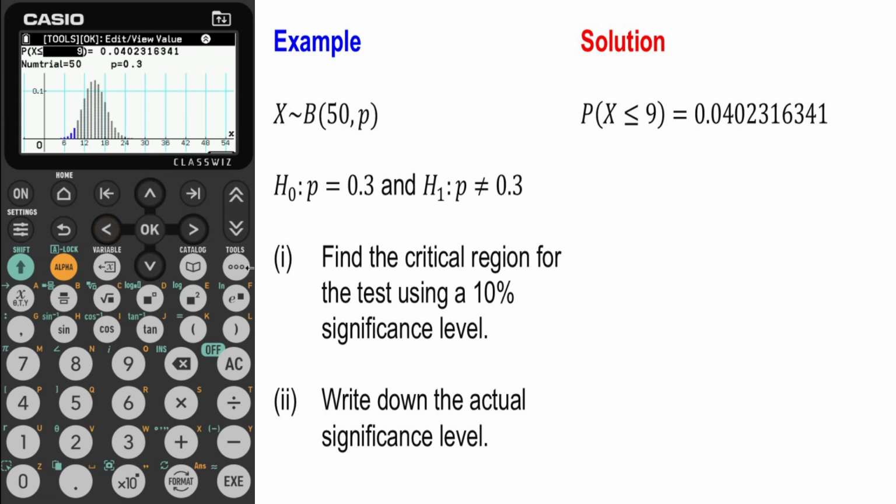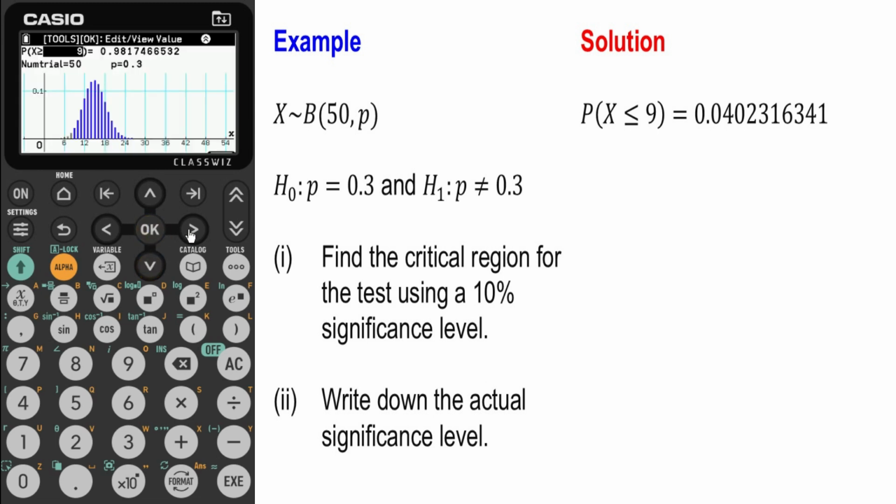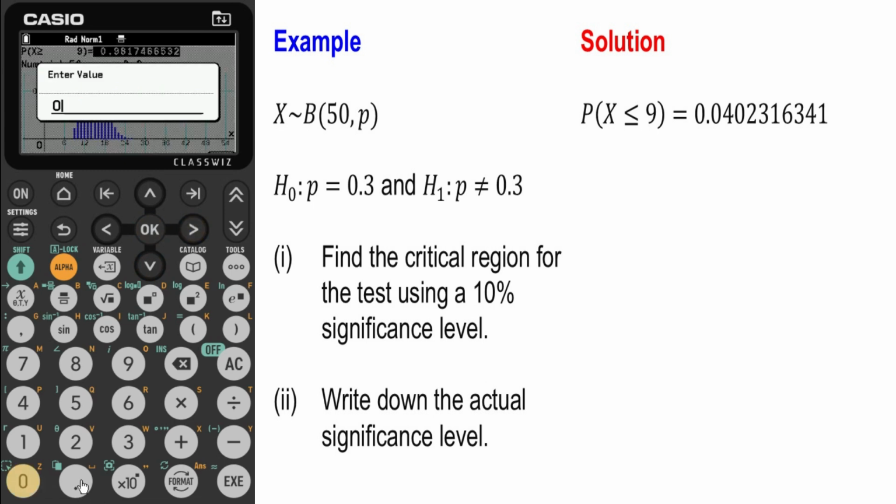Let's now deal with the upper tail. If I press the tools key, then for the tail, for the upper tail, we need to select the third option. And again, we change this to 5%.